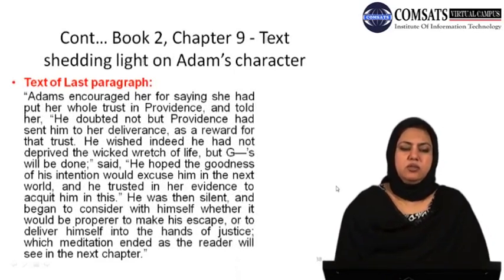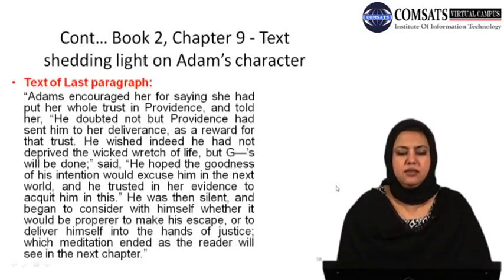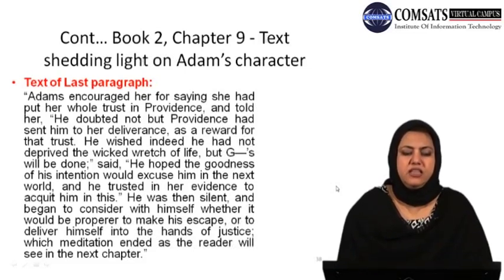The text continues, and here is the text of the last paragraph of this chapter, which again throws some light on Adams' character. "Adams encouraged her for saying she had put her whole trust in Providence," here he means Fanny, "and told her he doubted not but Providence had sent him to her deliverance to save her as a reward for that trust.